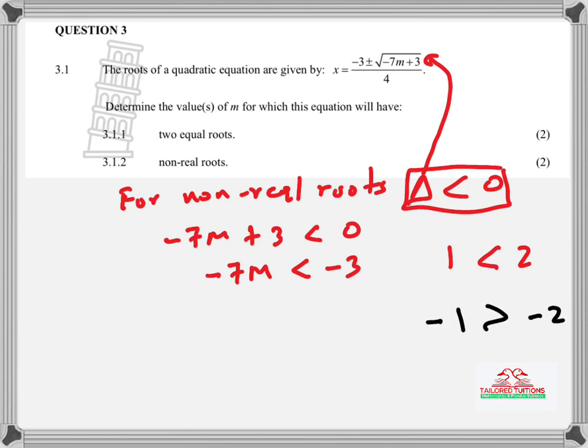Why am I explaining this? I'm explaining it because if you divide here by minus 7 and you divide by minus here, something has to happen in that inequality sign there. So if I divide by minus both sides, I am going to have m greater than 3/7 now. Why is that?